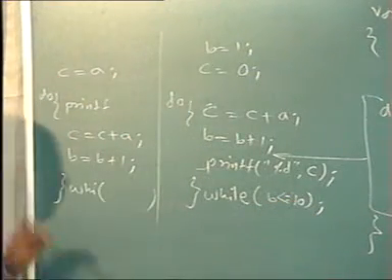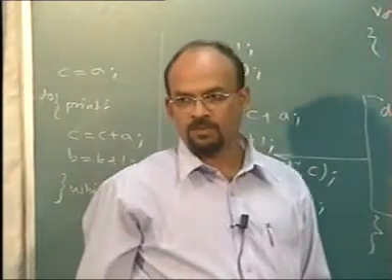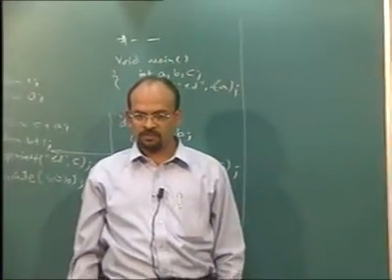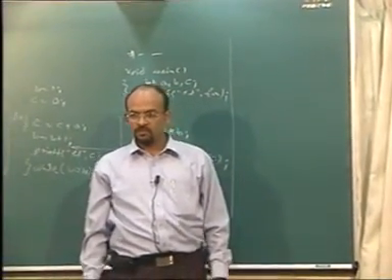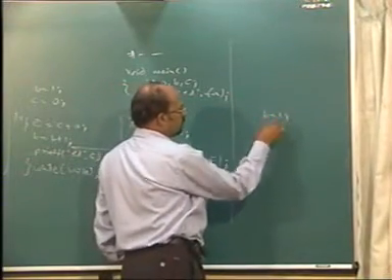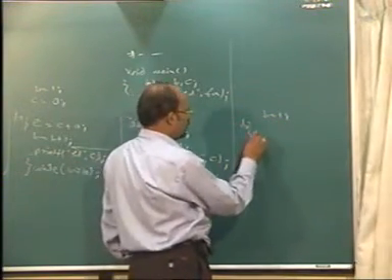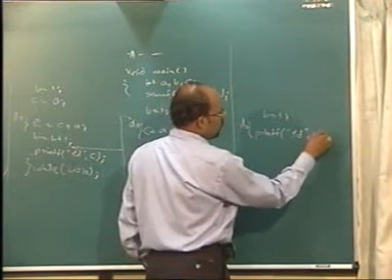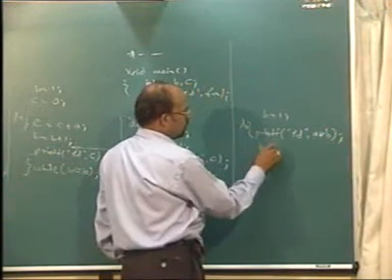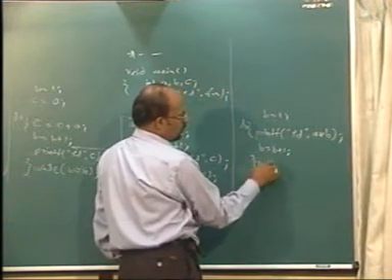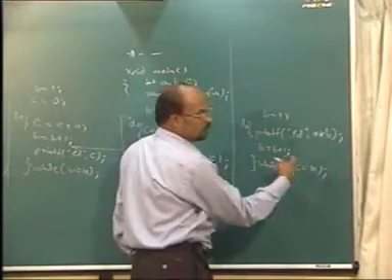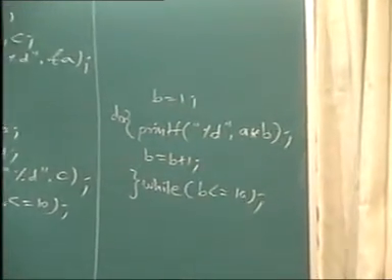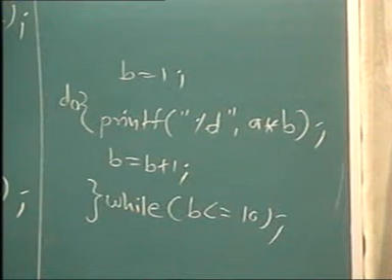Third variation: now don't use C. I can directly multiply and print it. Why should I store it in C?